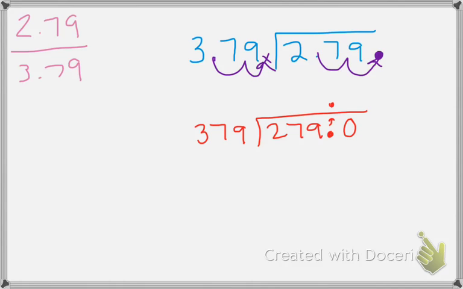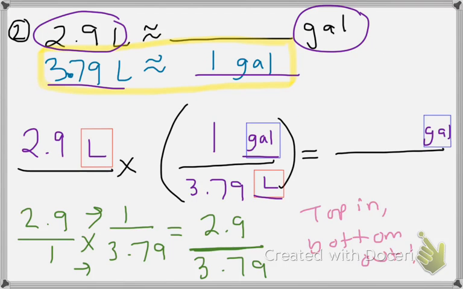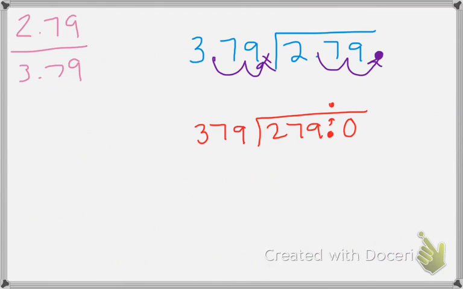Now it's just a regular long division problem. Do your division, and you can check your answer. You end up with 0.76517 and so on, but obviously you wouldn't go that far.